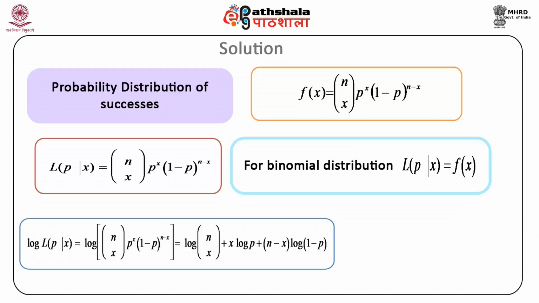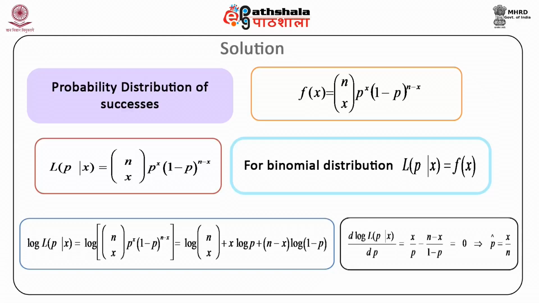Differentiating with respect to p and setting the resulting expression equal to 0, we get the derivative of log L with respect to p equal to x by p minus (n minus x) upon (1 minus p) equal to 0, implying thereby that p hat is equal to x by n.